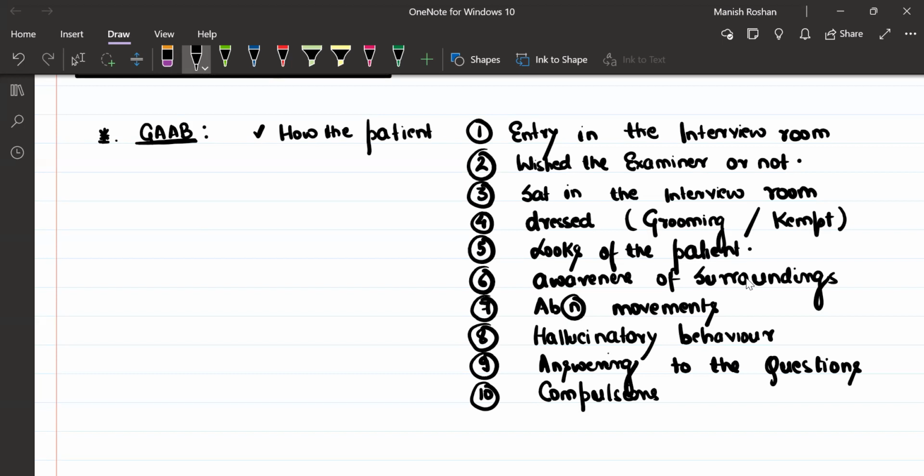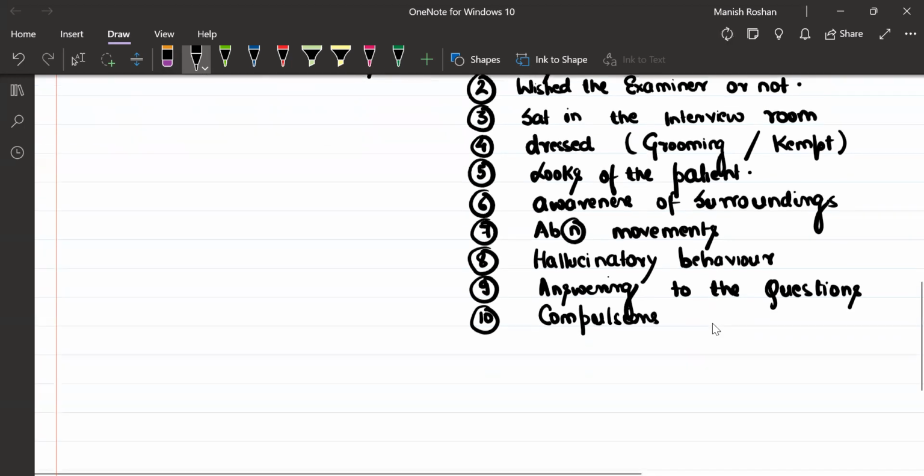No abnormal movement or hallucinatory behavior was observed. You can also write whether any abnormal movement in the form of tremors, chorea, or athetosis was observed, or if hallucinatory behavior was observed, do describe it in your words. I also mentioned whether the individual was answering the questions or not. If any compulsions or compulsive behavior were noted, do mention it in the general appearance and behavior only.